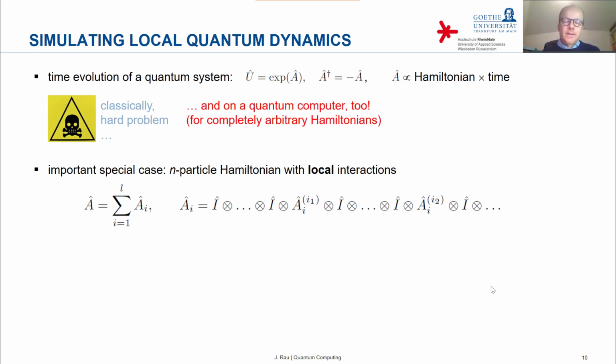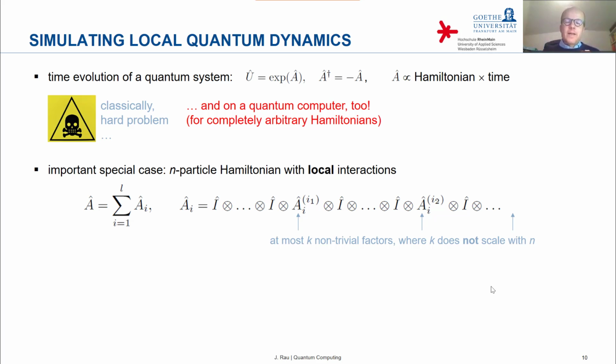So I can identify the particles. The first factor refers to the first particle, and so on. And some of these factors might be trivial, just unit operators, and some factors might be non-trivial operators, which are marked then with an upper index that refers to the label of the particle.